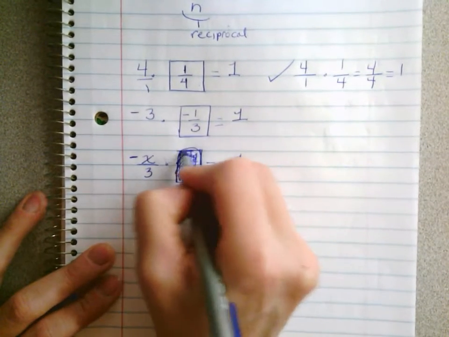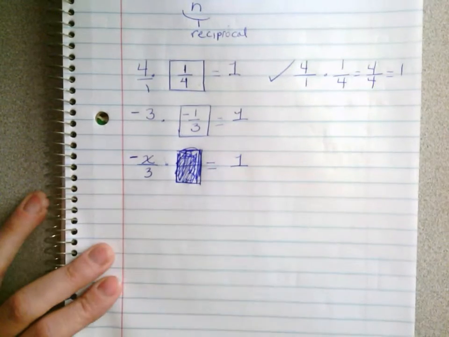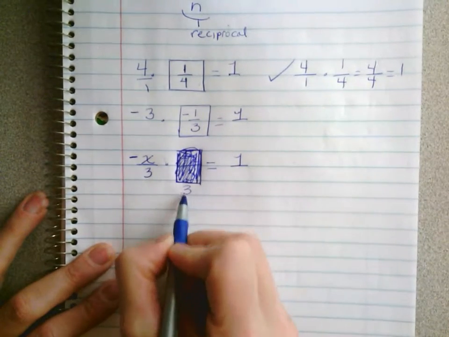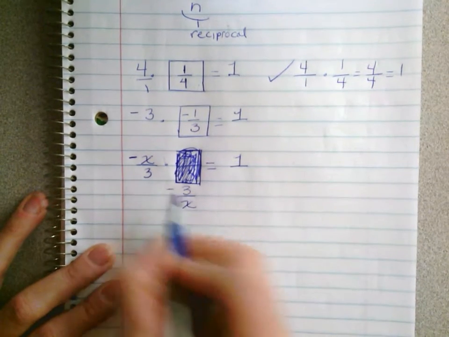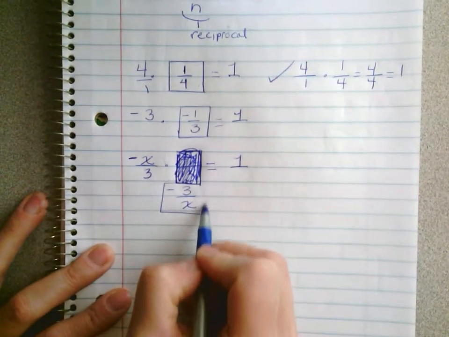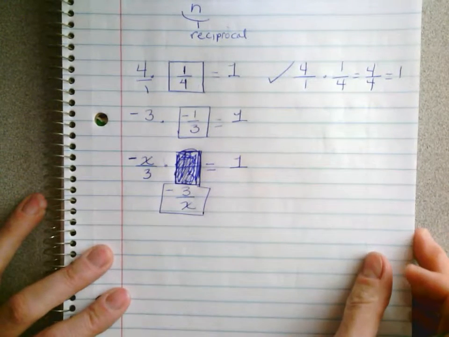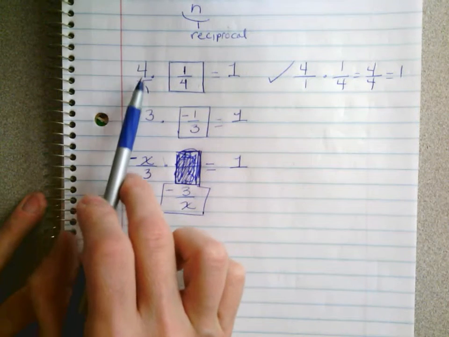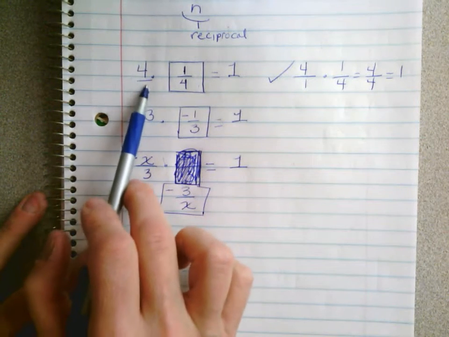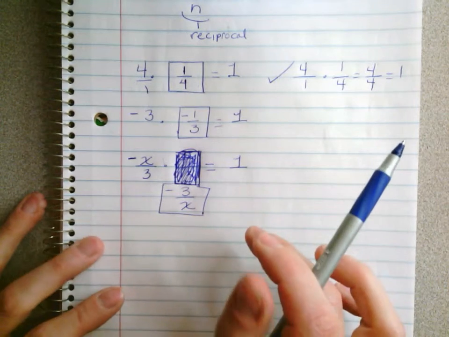So what will its reciprocal be? No, not 3 over x. There you go. Bravo, my dear. Yep. The sign doesn't change. You just flip it over. And like that first one, if you don't have a number, if it's a whole number, just plug a 1 under it so you can visualize flipping it.